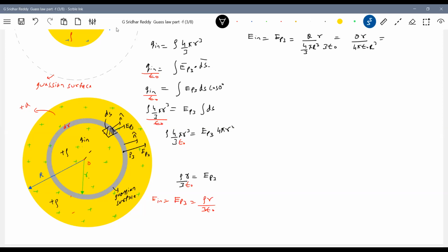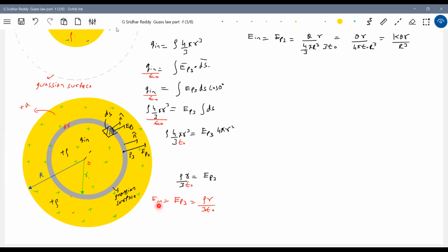I think this will be very easy for you to remember. Remember this formula and remember also this formula. If they give charge, remember this formula. If they give density, remember this formula. That's why I brought both forms. If they give the charge of a solid sphere, use this formula. If they give density, take help of this formula.